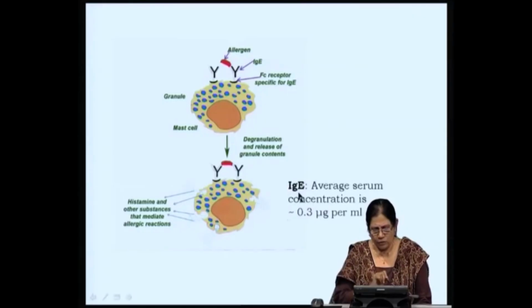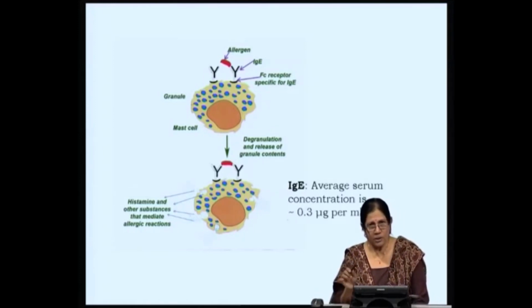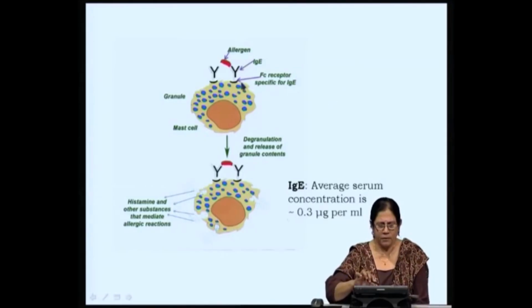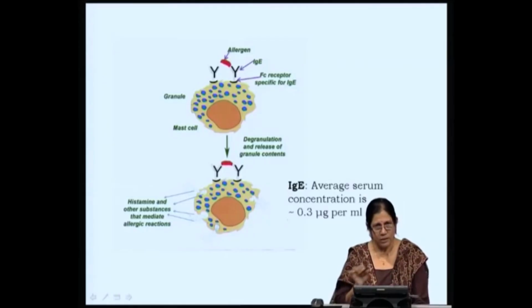Average serum concentration of IgE is only 0.3 micrograms per ml, because as soon as a memory cell now upon trigger or upon activation by the antigen undergoes class switching, and if it is an allergen and the class switching is to IgE, IgE synthesized is immediately captured by specific high affinity receptors present on mast cells, and this is the picture of the mast cell, basophils as well as eosinophils.